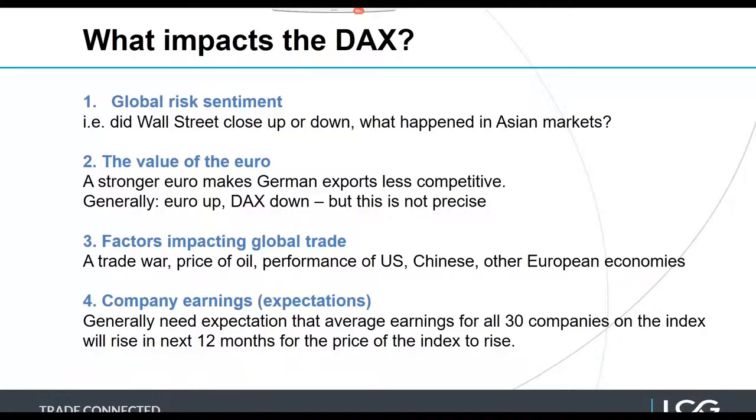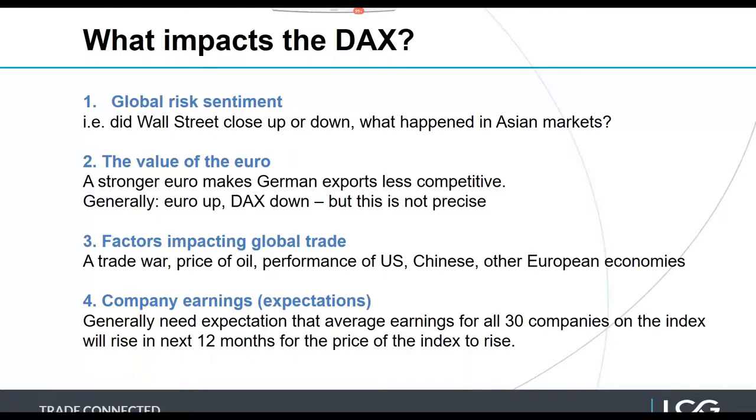So what actually impacts the DAX on a day-to-day basis when you're looking to go long or short the DAX? What are you factoring in here? Well, we're in a global market these days, so generally the DAX will rise alongside the likes of Wall Street, the UK 100, the France 40.